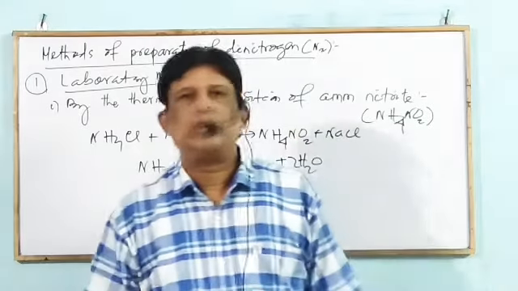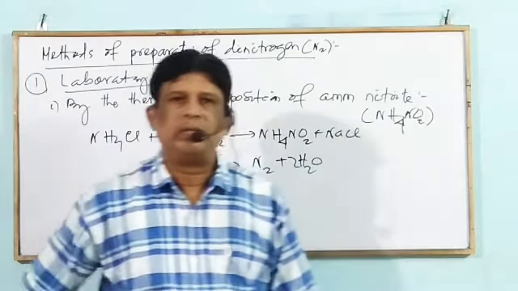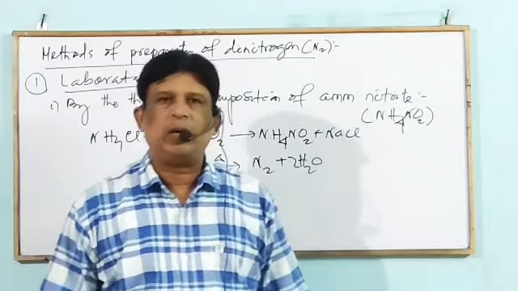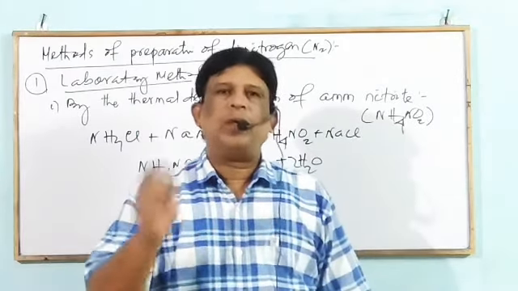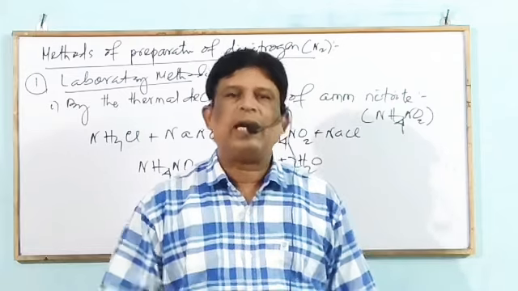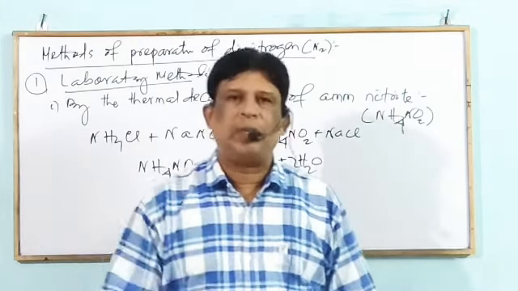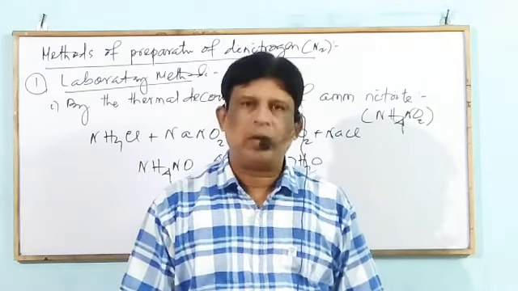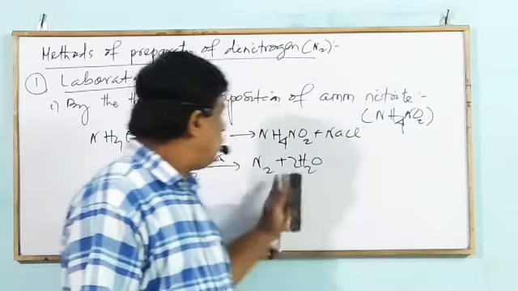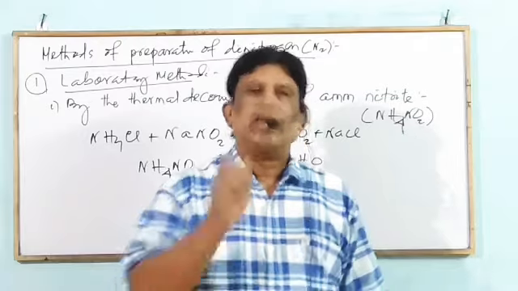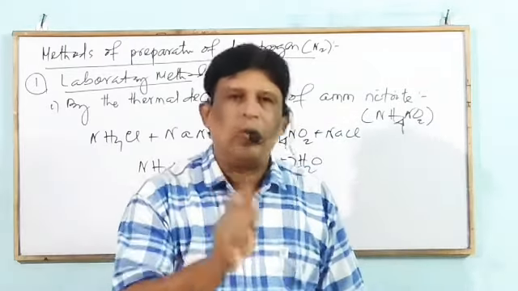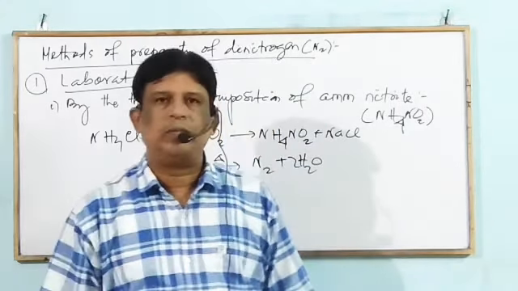and by heating the ammonium nitrite, we get dinitrogen. In this method, along with the dinitrogen, a little amount of nitric oxide and nitric acid is formed as a byproduct. Repeat again: along with the dinitrogen, a little amount of NO and HNO3 is formed.